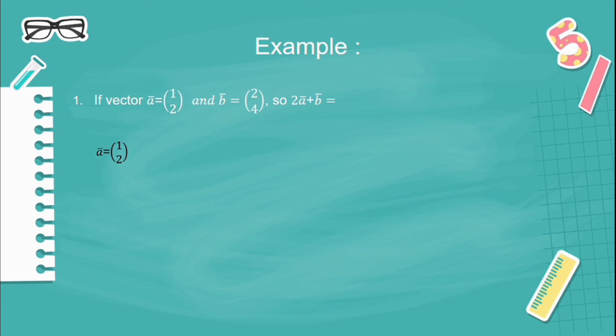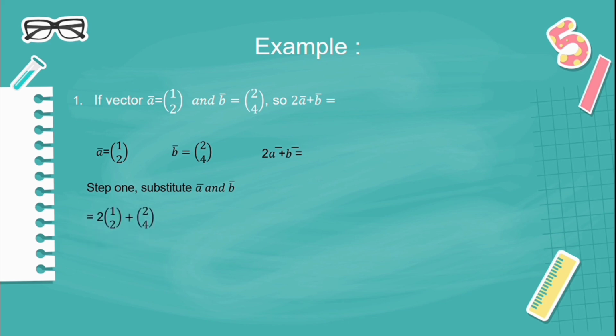We can write vector a first is (1, 2) and vector b equals (2, 4), and we find the formula of 2a vector plus b vector equals. In step 1 we must substitute vector a and vector b in the formulas.